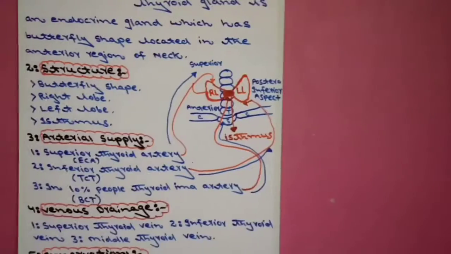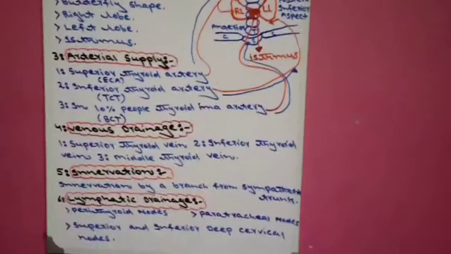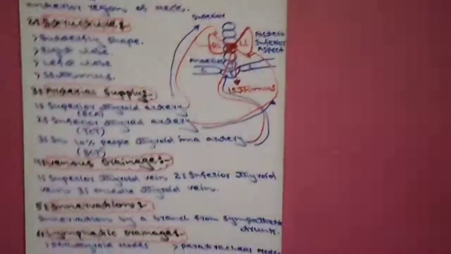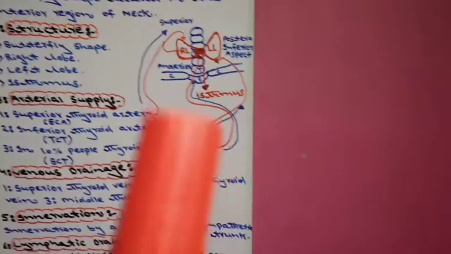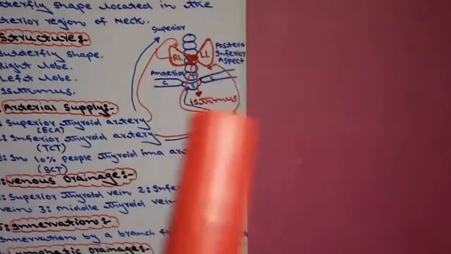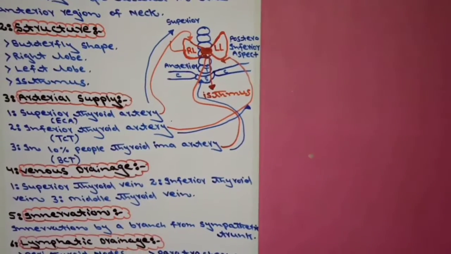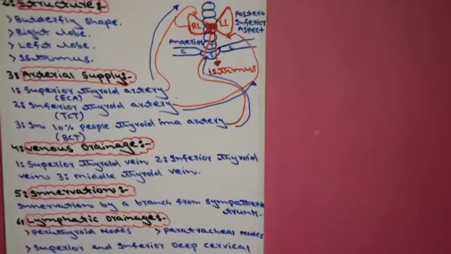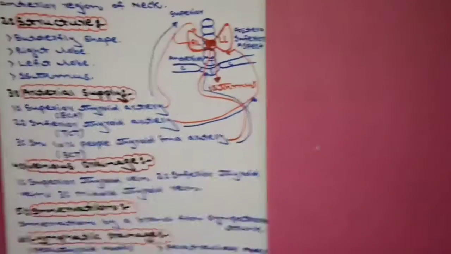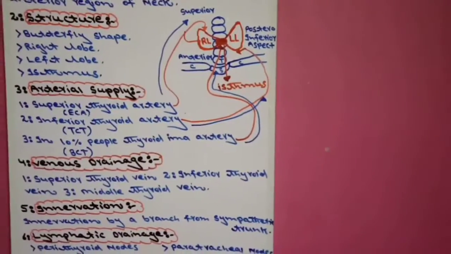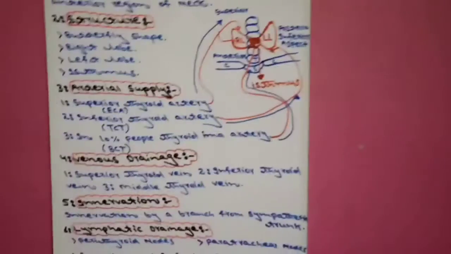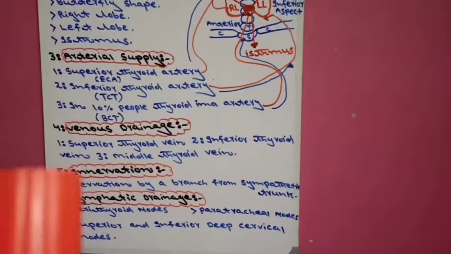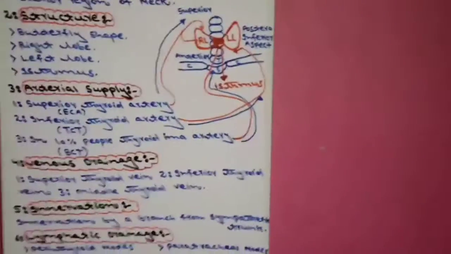This drains the blood from superior anterior region, running with the superior thyroid artery, and inferior thyroid vein runs with the inferior thyroid artery and drains the inferior and posterior region blood. The third is the middle thyroid vein, which drains the middle region, meaning isthmus region blood. So the three veins are superior thyroid vein, inferior thyroid vein, and middle thyroid vein.